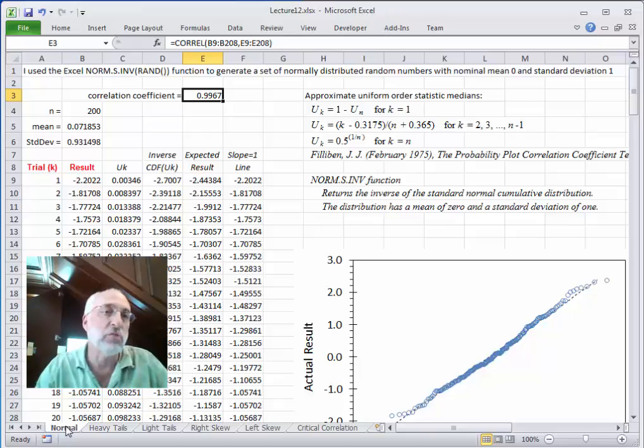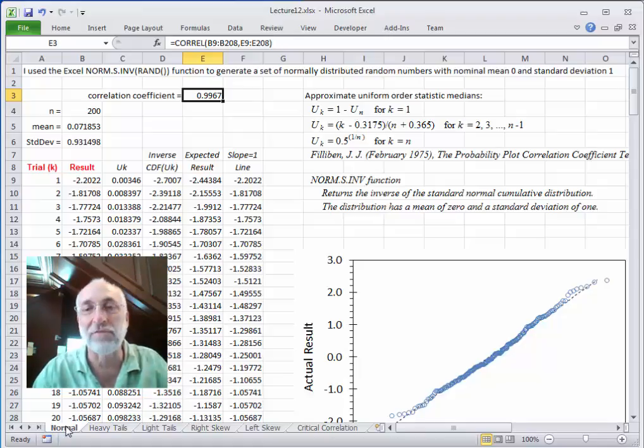So the correlation coefficient we got was above the critical correlation coefficient, regardless of which significance level I chose. As a result, I can't reject the null hypothesis that the distribution really is normal. That's kind of what I expected because I actually did generate normal data. But sometimes it fails because of randomness, right? These are all probabilities, not certainties.